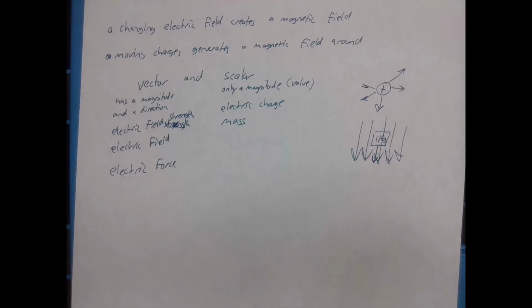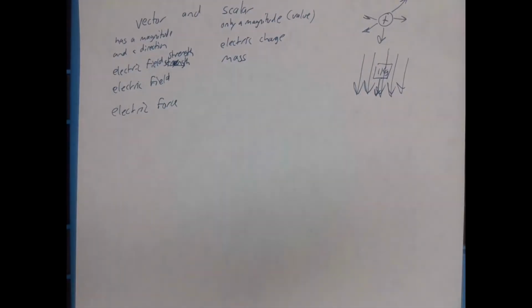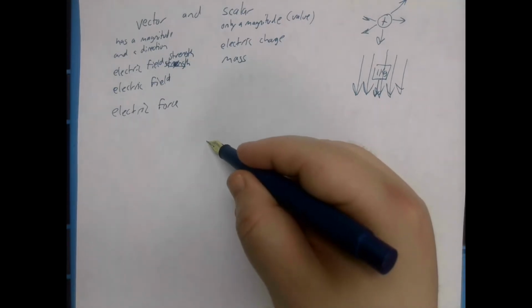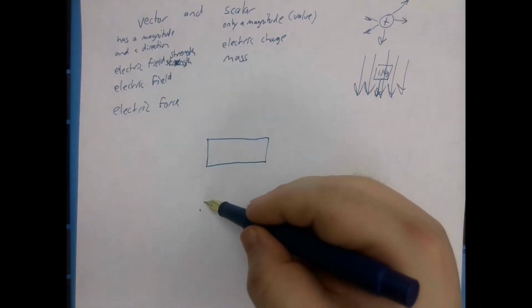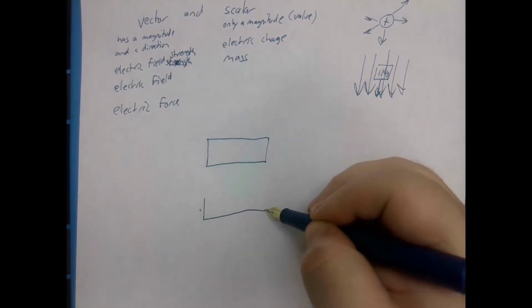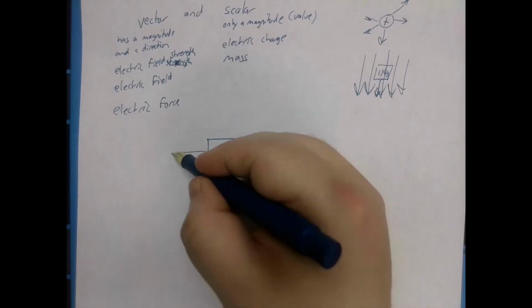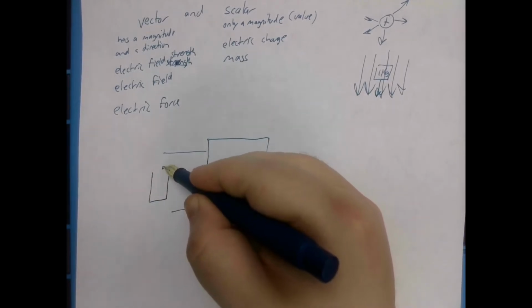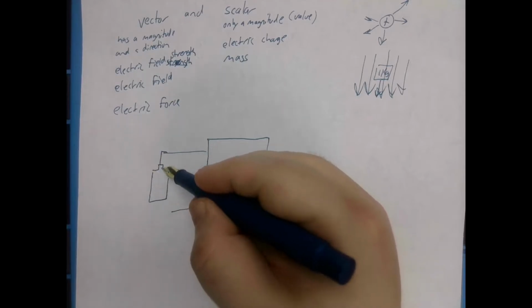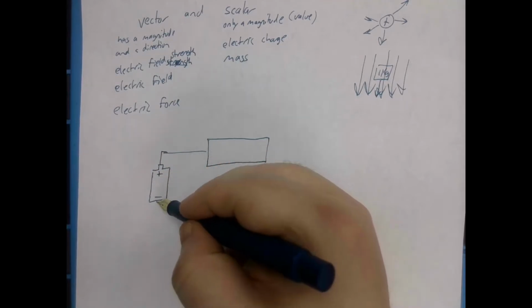How can you create a uniform electrical field? You take two parallel plates, and then if we take a battery, this would be the positive side, that would be the negative side.